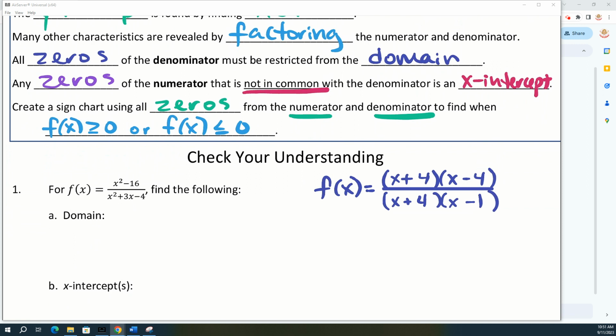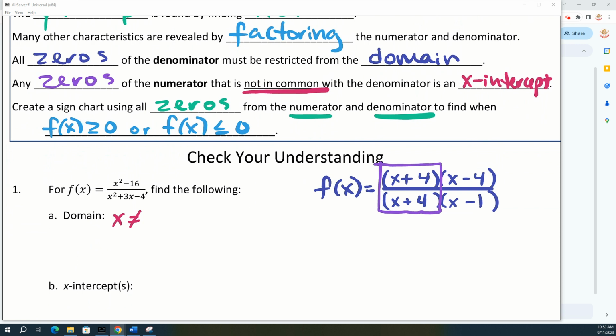Now, even though we're not really using it today, if there are factors in common, I do want you to go ahead and just put a box around them. And we'll definitely talk a lot more about that tomorrow. So for the domain, what you're going to do is just look at the denominator, and anything that's going to make either one of those factors 0 cannot be in the domain.